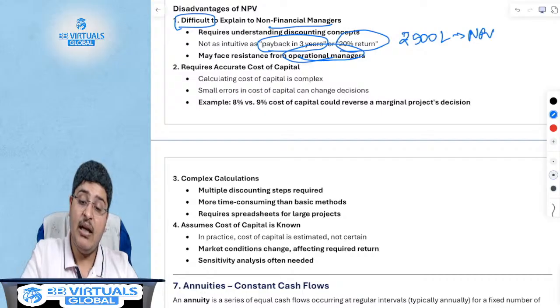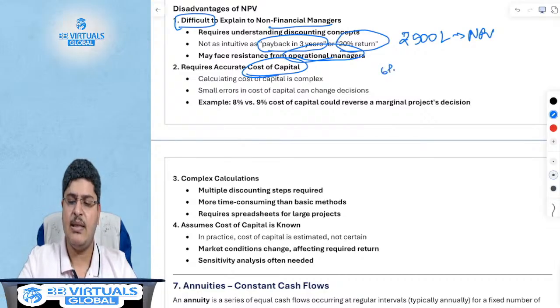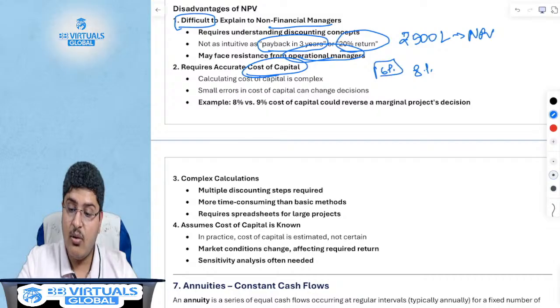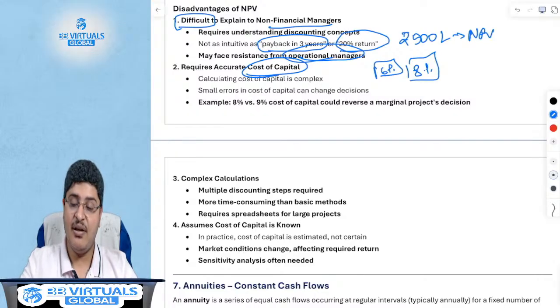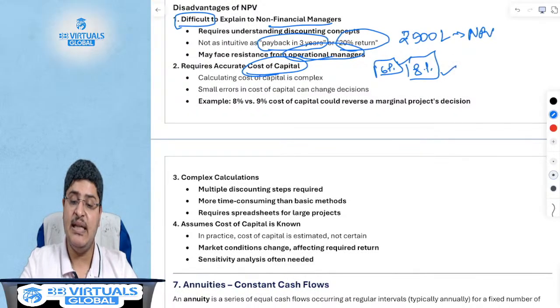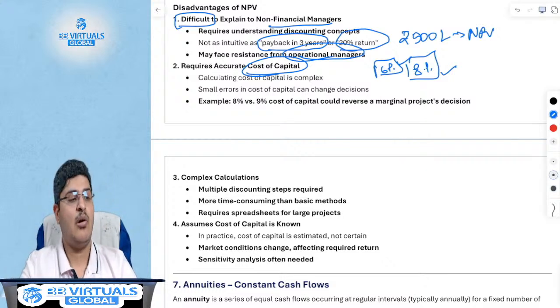It requires calculation of cost of capital. But sir, the question already gives us the cost of capital as 6%, 8%, 10%. This is because this is already calculated by the institute before giving it to you. However, in real life, this 8% or 6% needs to get calculated, and the calculation requires a lot of accuracy.